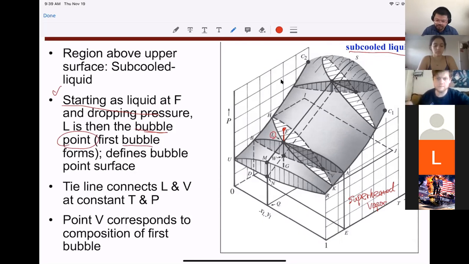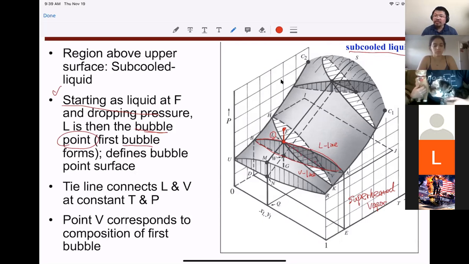So the liquid L is a bubble point because we are welcoming the first bubble. And then, so this is still the liquid line. This is the liquid line, and you are going to have the corresponding vapor line over here. So this is the vapor line. Then when the system is at the condition L, this is a tie line, right?